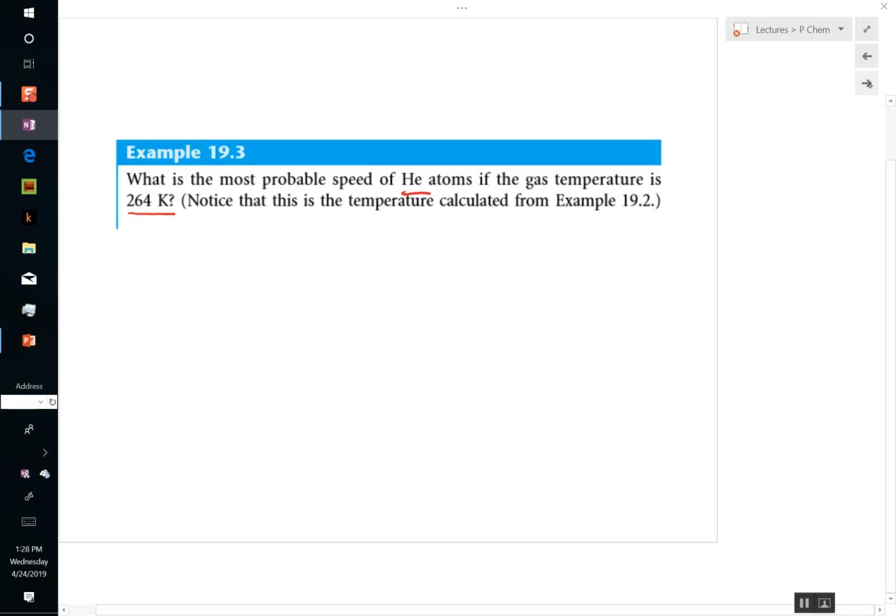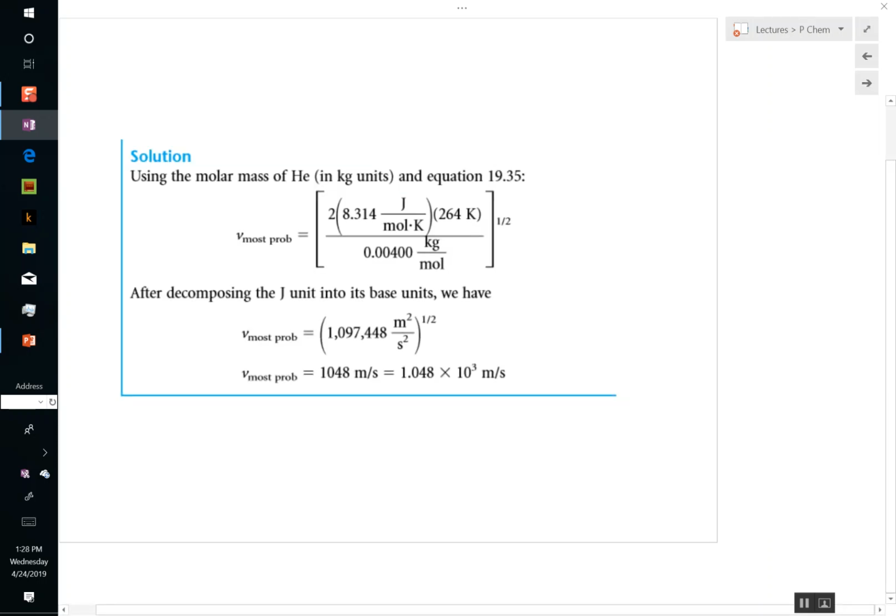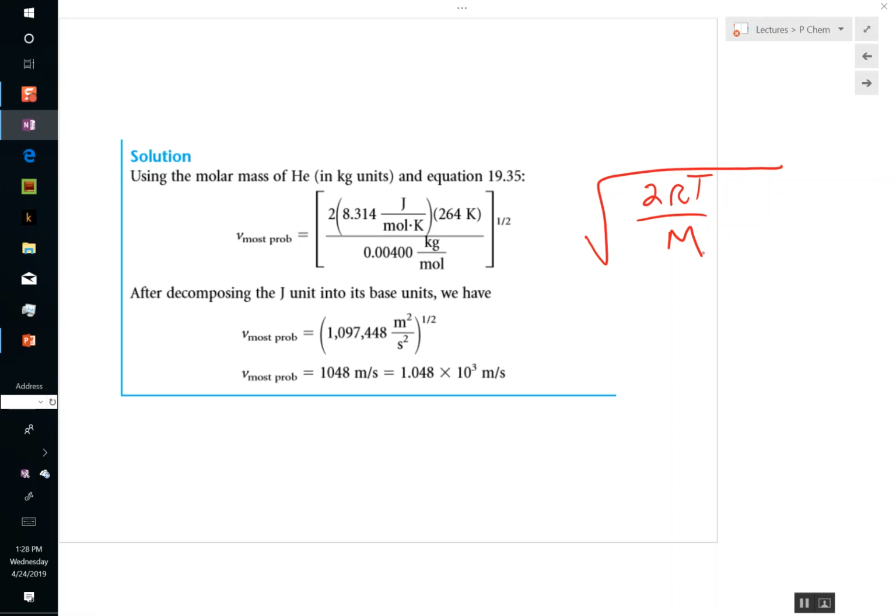This is the temperature we just got from example 2.2, and here it is worked out for us. So this is the square root of 2RT over m. They dropped the 3 on there. So the most probable speed is 1,048 meters per second.